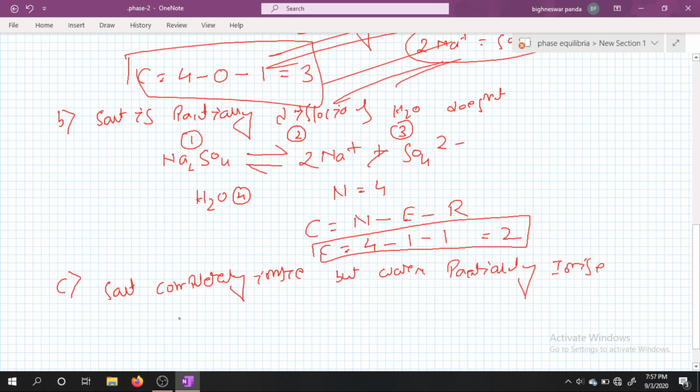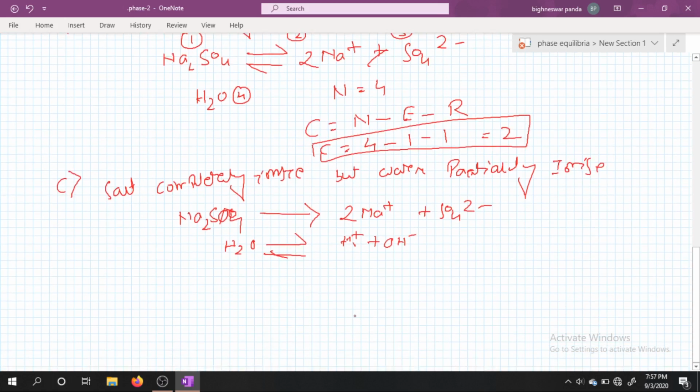In that case, I can write here Na2SO4 gives rise to 2Na plus, SO4 2 minus, and water gives H plus plus OH minus. Since water gives H plus plus OH minus, no Na2SO4 is left, so it is not considered a constituent.